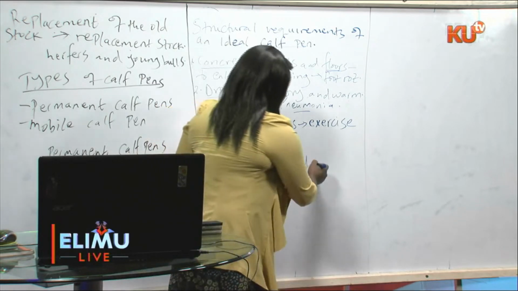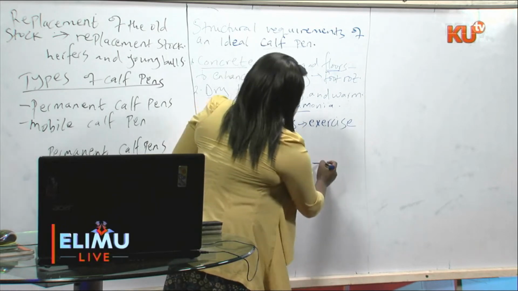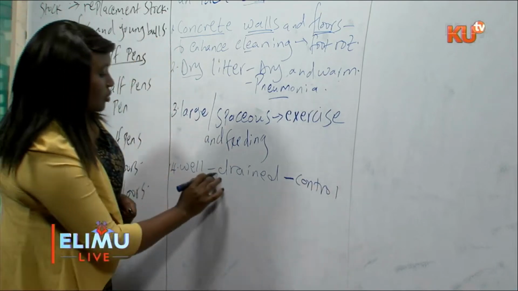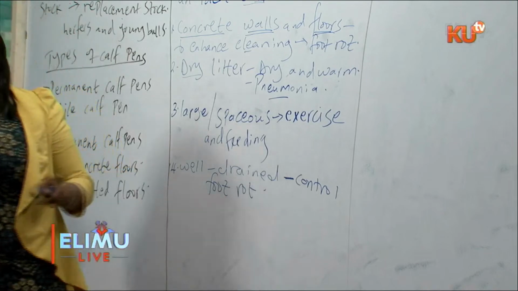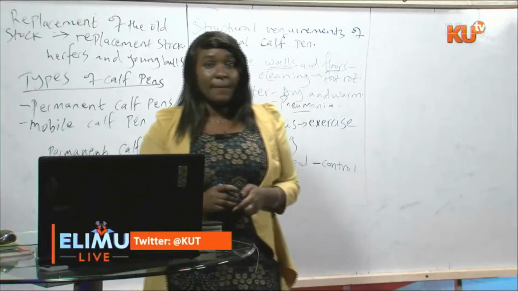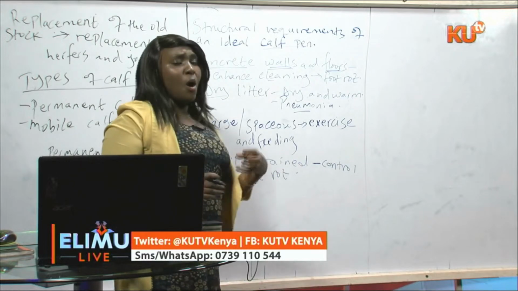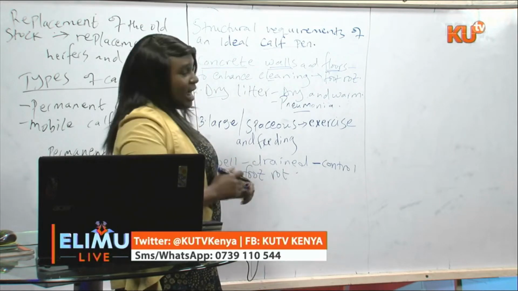And of course, we are looking for a dry or drained area to control foot rot. Foot rot is a disease that is caused by bacterial infection. That bacterial infection can be brought about by wet and damp conditions that you don't want to have in our calf pen.